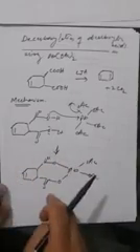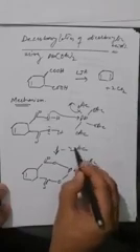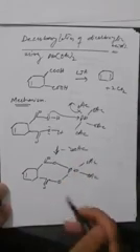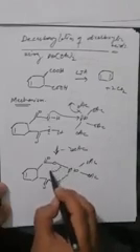You will get this intermediate, and this cyclic intermediate in the next step undergoes rupturing.